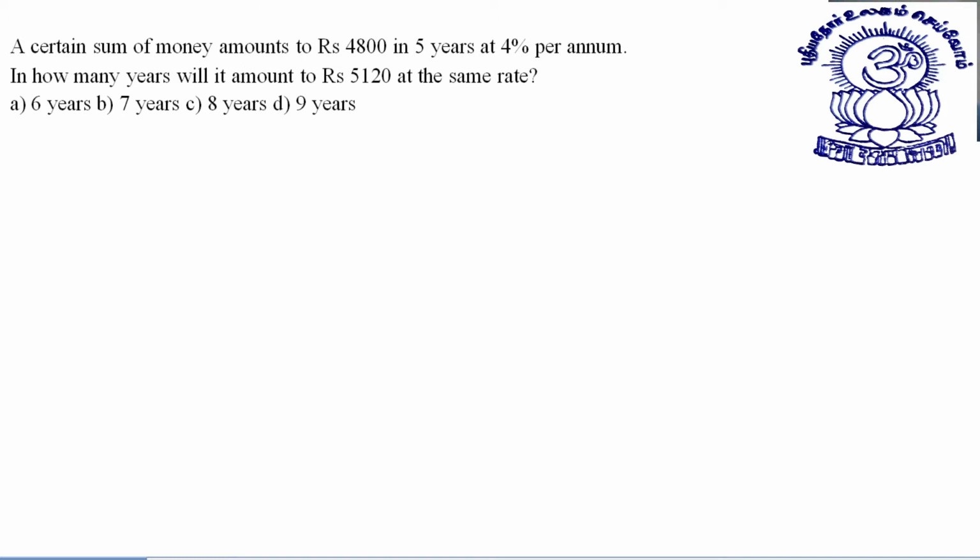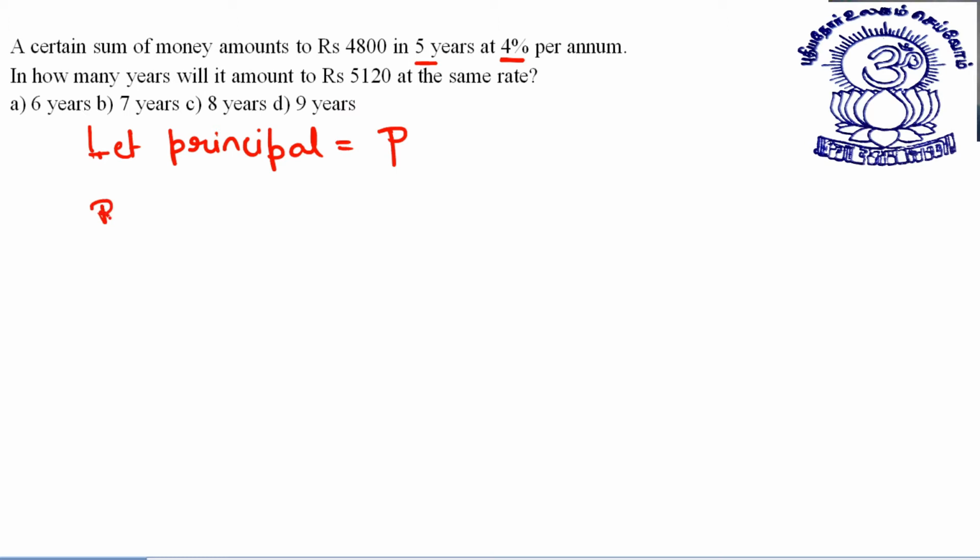See, there is a principal. Let us assume the principal is P. Now, how much is the interest? The interest is calculated at the rate of 4% per annum for 5 years.